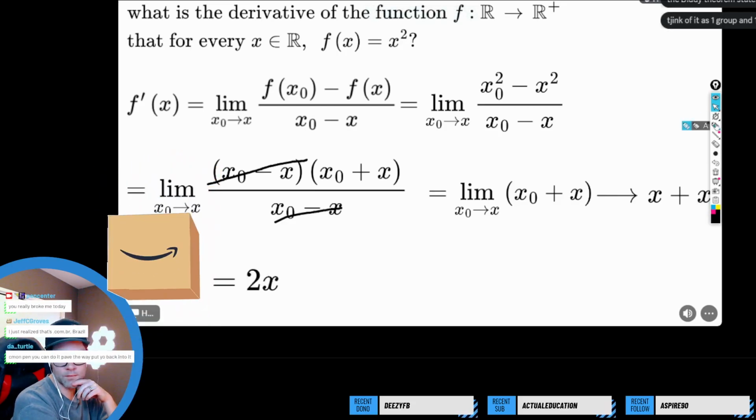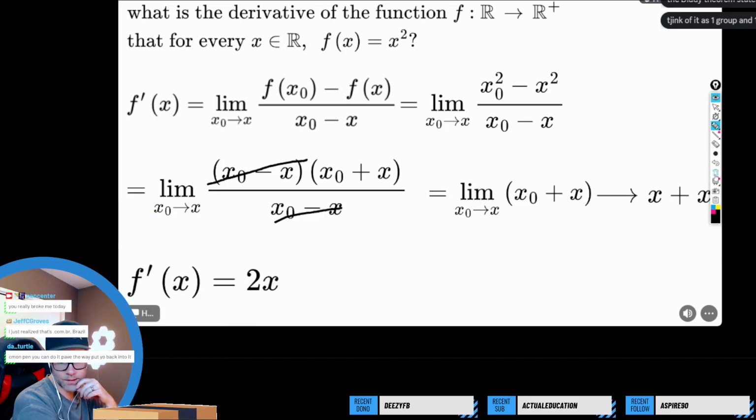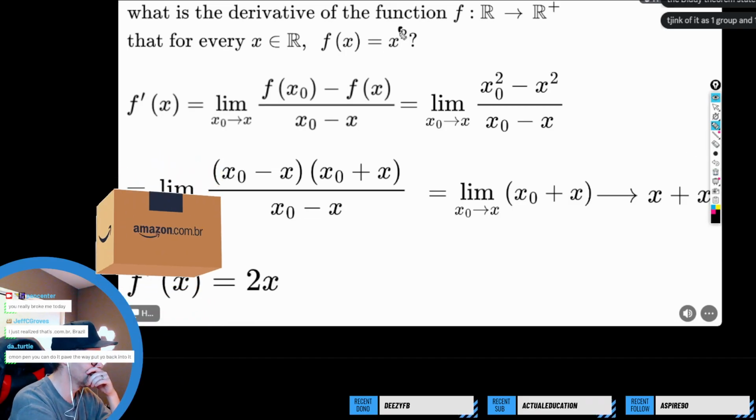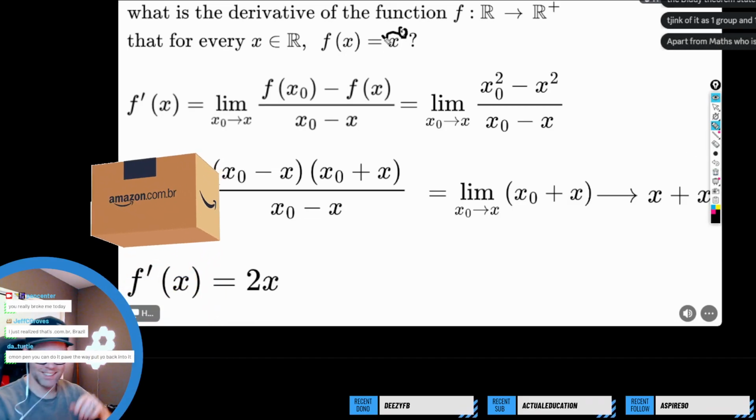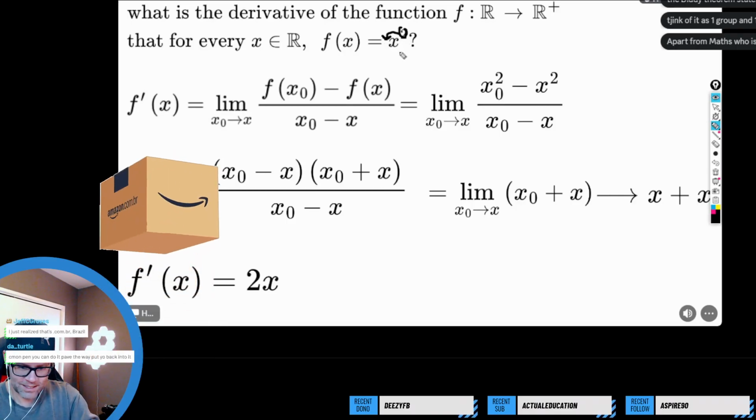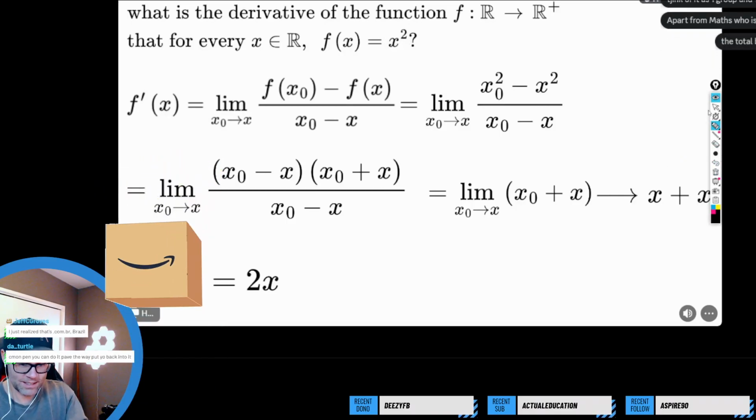And this is actually a rule that we will see, that we can just put this number over here when we take a derivative of functions like this.